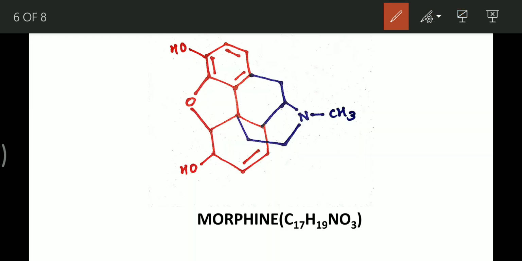Here this looks like an inverted Y, so that must be attached to one CH2, that must be attached to another CH2, then to nitrogen, and that must be directly attached to this carbon and not to this carbon. You have to remember that one. If you attach to this carbon, it will become a 7-membered ring. So you have to attach that to this lower carbon. So this is about the structure of morphine.